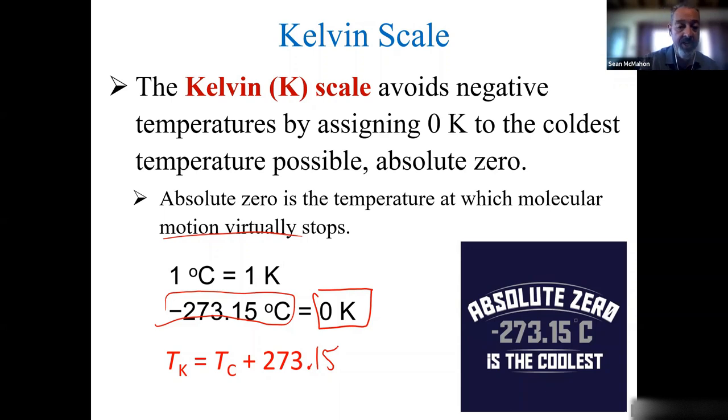So what does that mean? Well, if I'm at negative 273.15, which is absolute 0, and I add 273.15, that would give me the absolute 0 Kelvin. And it's a way to start the scale at 0.